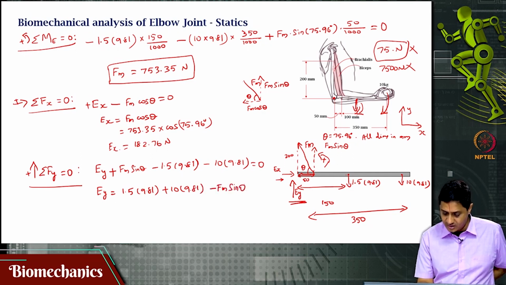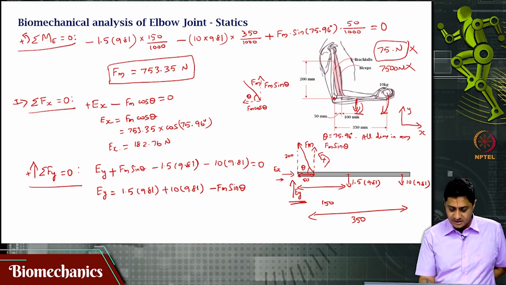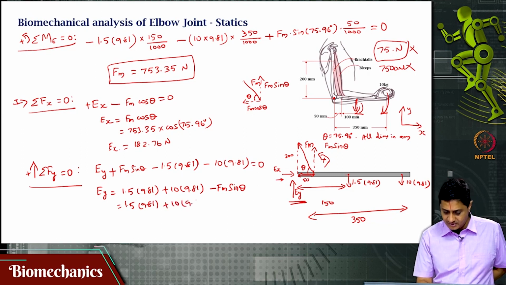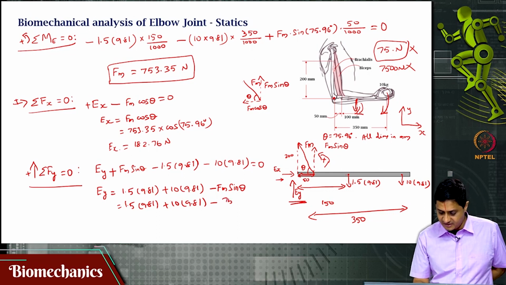I am taking all the things to the right hand side, and I know Fm sin theta as, let me write this out, plus 10 times 9.81 minus Fm is 753.35 times sin 75.96 degrees.